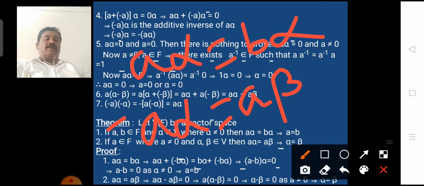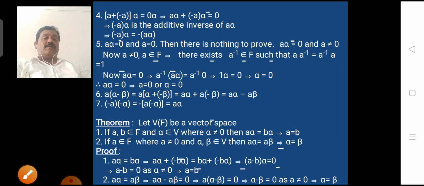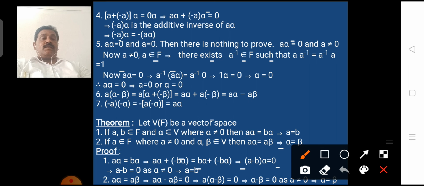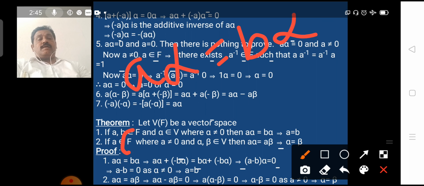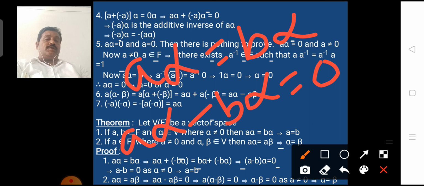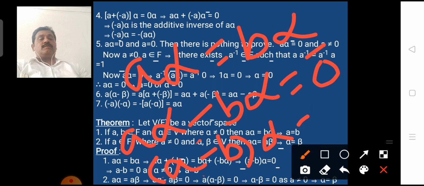For this proof, we take the first one, A alpha equal to B alpha. So A alpha minus B alpha equal to 0 bar. If we take common alpha, A minus B into alpha equal to 0 bar.